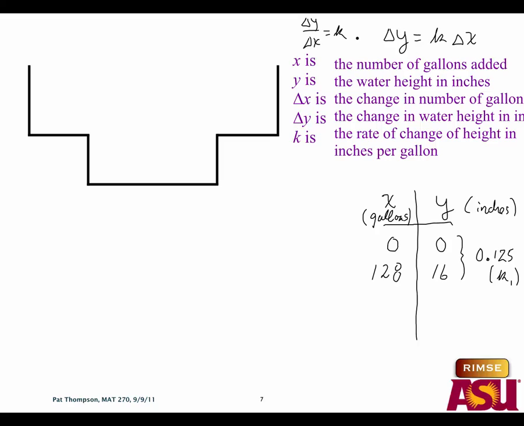Okay, and so then it turns out, we said that the total water height was 35, and we're not going to take the time to do the math, but that's 550 gallons, okay? So when you get to 550 gallons, that gives us this maximum height of the water of 35. And we found a second rate of change because the surface area is bigger now above the step, so it's going to be a slower rate of change, and we found that to be 0.045.